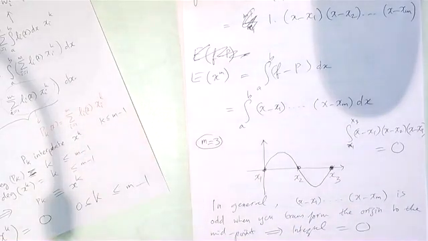Because you introduce a linear transformation to shift the origin to the midpoint, and it becomes an odd function. And the integral of an odd function over a symmetric region will equal 0. So that is the idea of the proof.